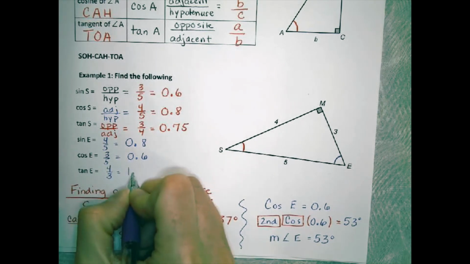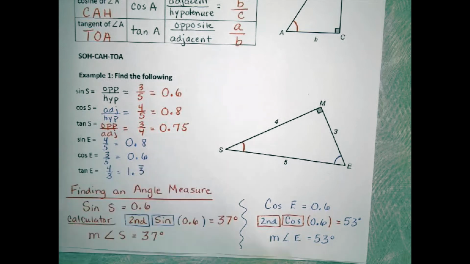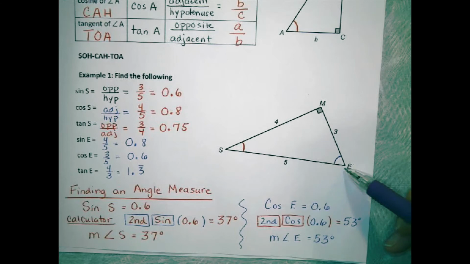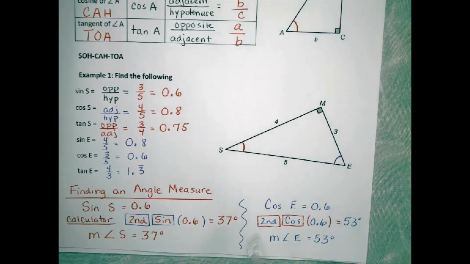If I wanted to find the measure of angle E, I could use the sine, I could use the tangent, or the cotangent. Just to make the example a little broader, I'm going to use cosine this time. So I know that cosine of E is 0.6. So similarly, I would put in second cosine in my calculator, 0.6.